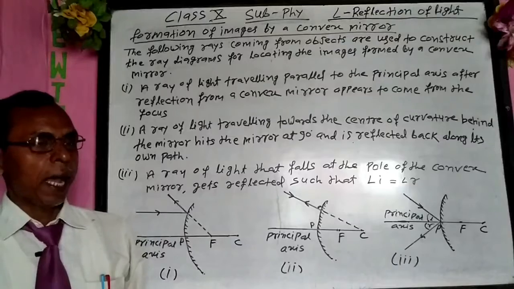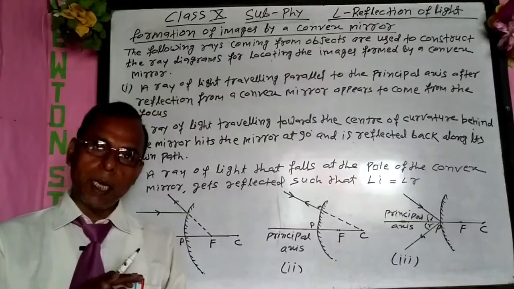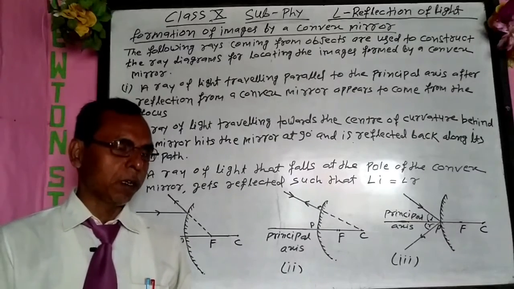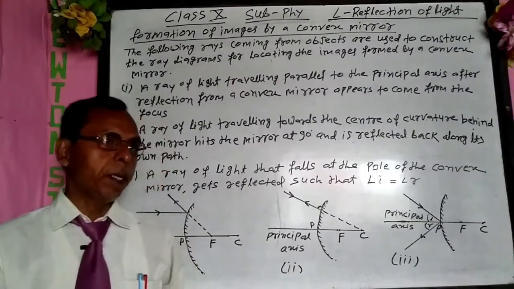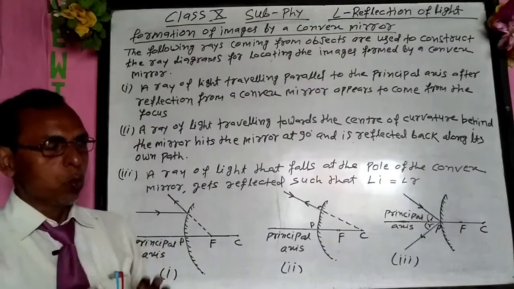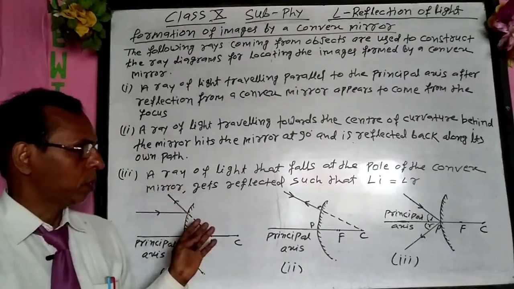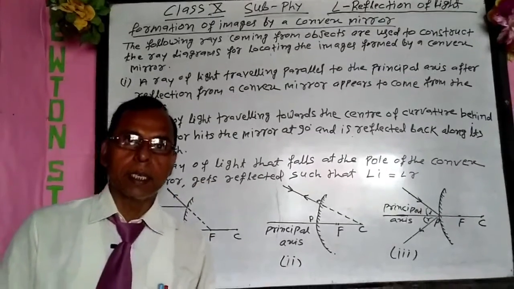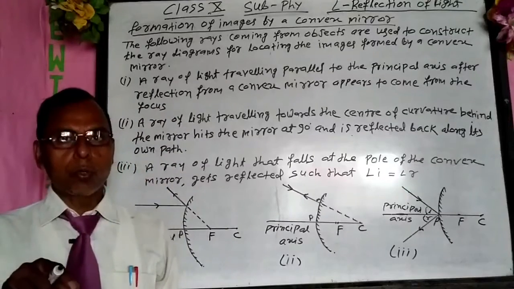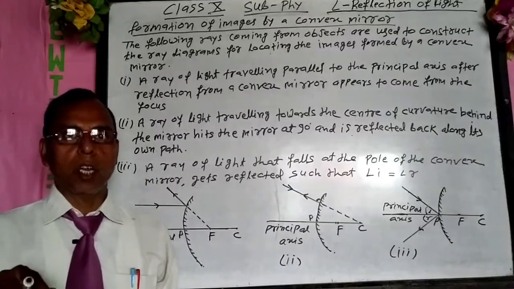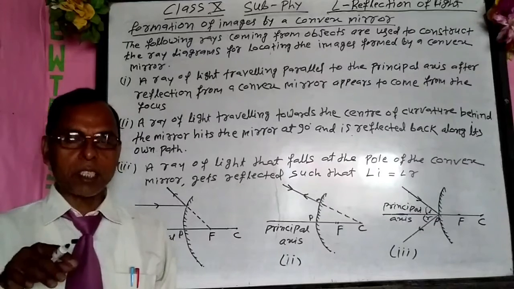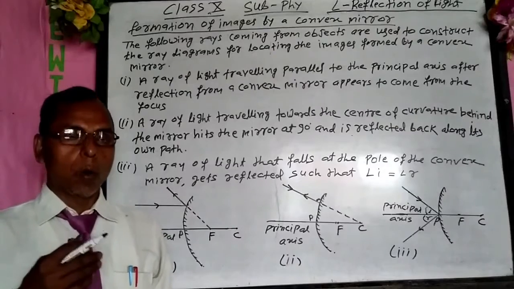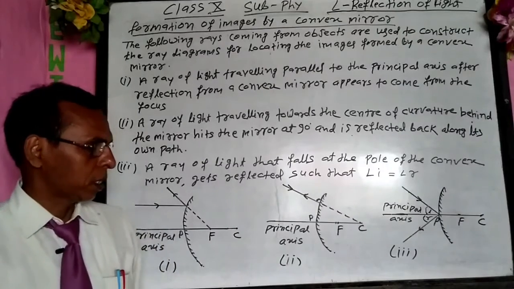A ray of light that is parallel to the principal axis, after reflection, appears to come from the focus. A ray of light that travels toward the center of curvature of a convex mirror gets reflected on its original path.